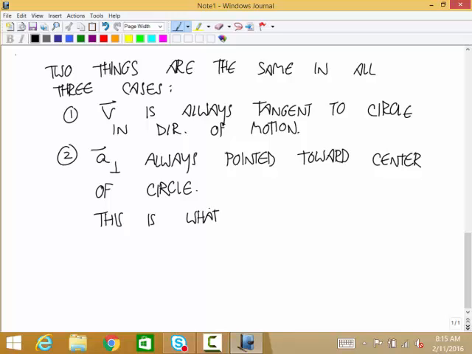This is what causes or defines circular motion. Since in circular motion, that perpendicular part always points towards the center of the circle, we're going to call that centripetal acceleration. That's a fancy word for toward the center.